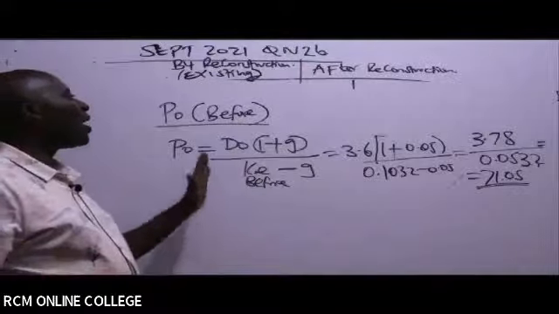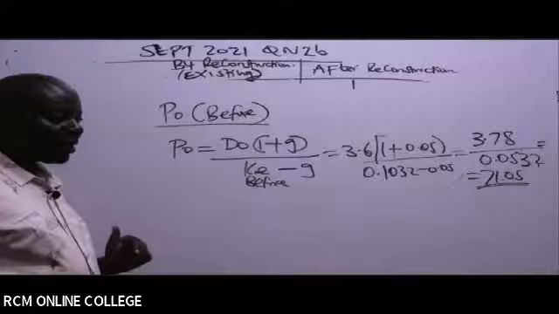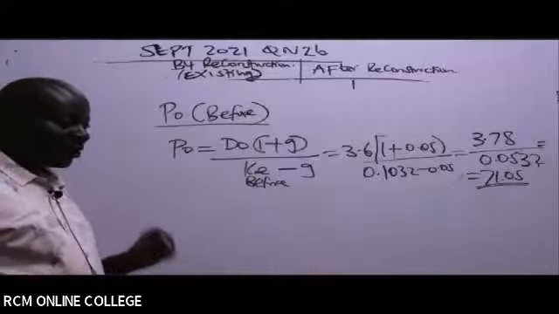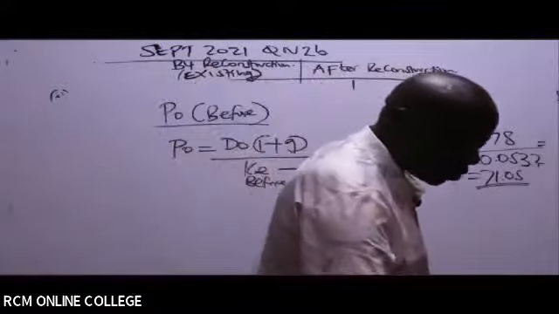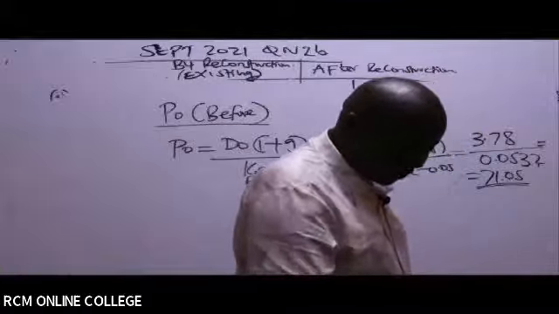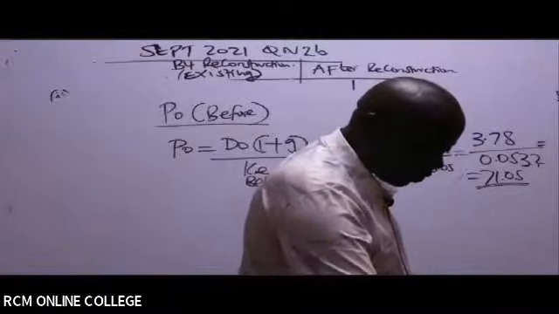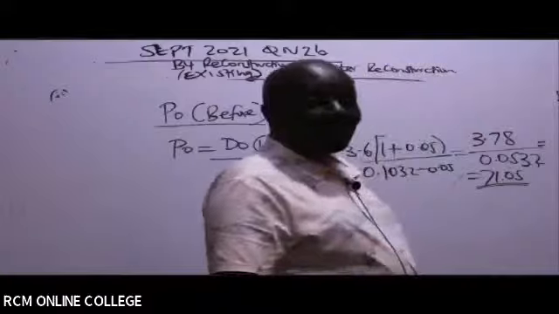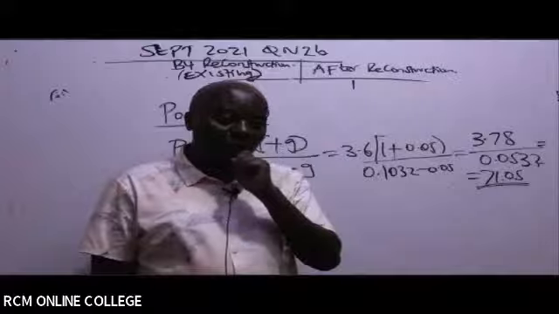If we say we are not doing any reconstruction, where are we getting the 0.1032 from? In Roman 2 of this question, they had asked us to calculate the cost of equity before reconstruction, CAPM cost of equity.